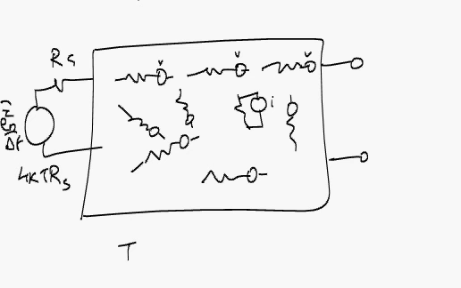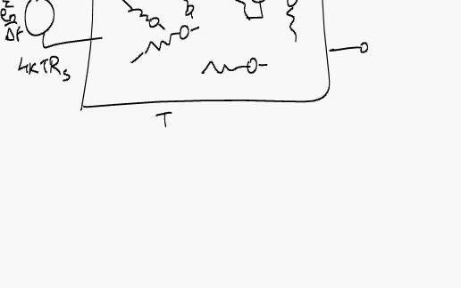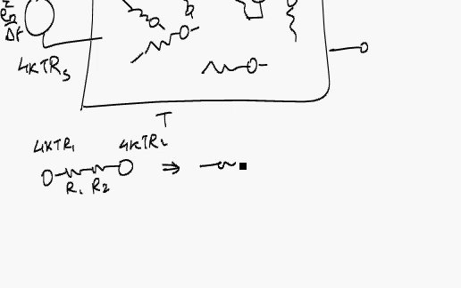Now given this information at a particular temperature T, if you have two resistances in series, R1 and R2, with their own noise voltage density squares of 4kTR1 and 4kTR2, this is equivalent to one resistance of R1 plus R2 with 4kT(R1+R2).